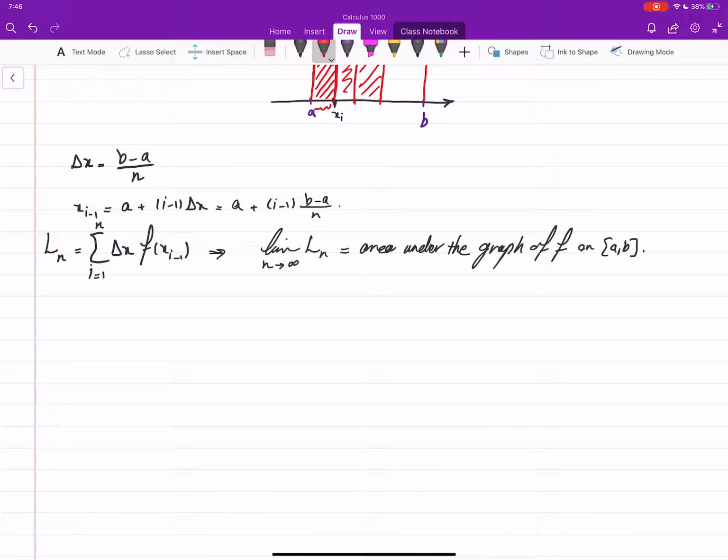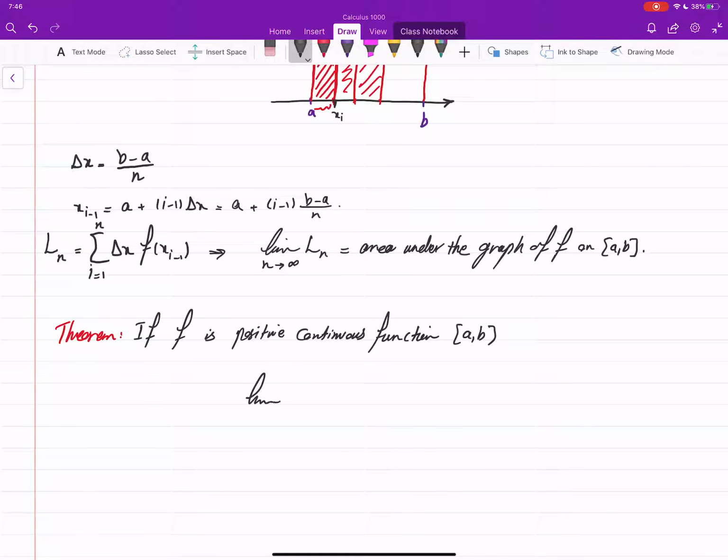Well, the theorem says if f is a positive continuous function, so just continuity on AB, then the limit of L_n, the left endpoint approximation, and the limit of R_n, the right endpoint approximation, will be the same thing.